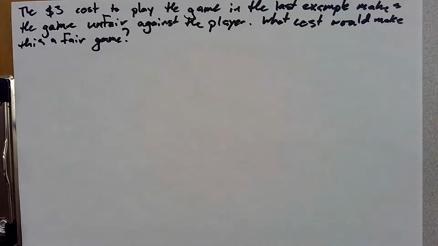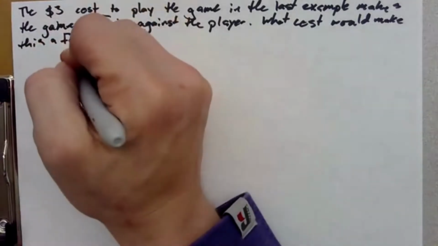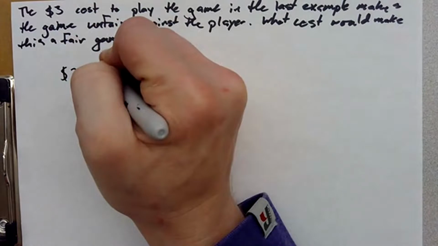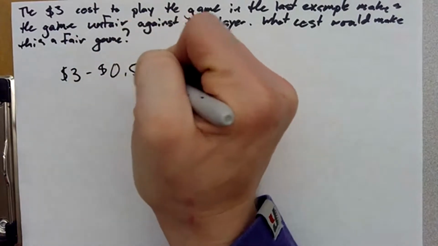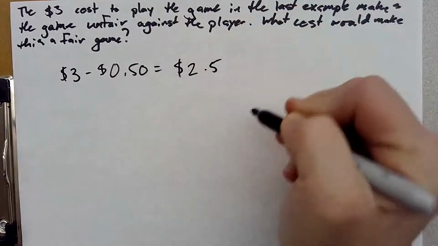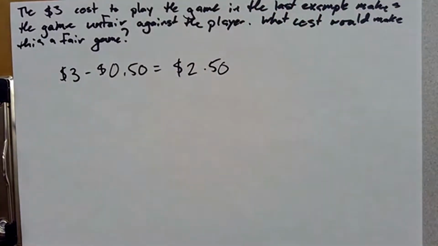So we just need to decrease the price of our $3 game by 50 cents to get $2.50 for the fair game.